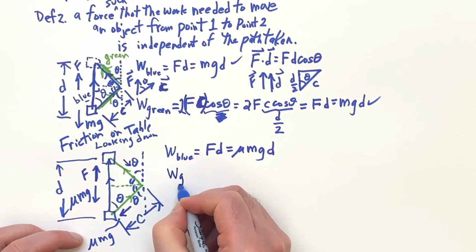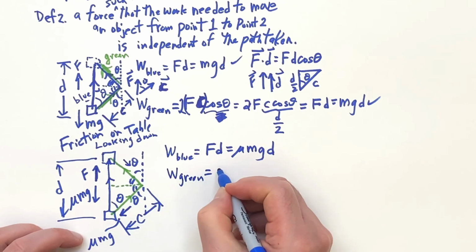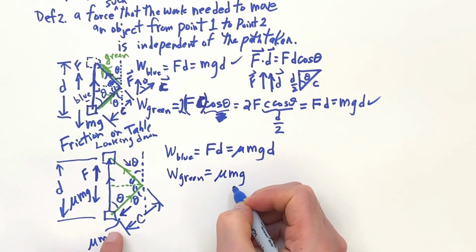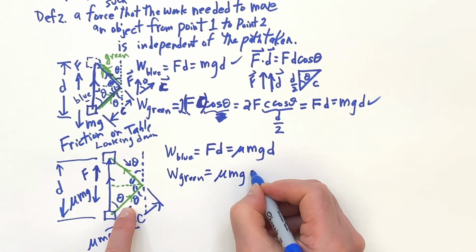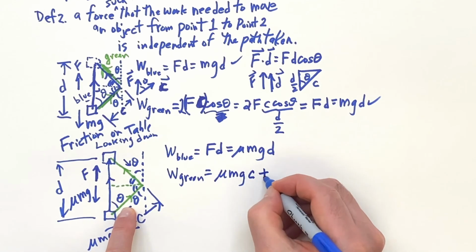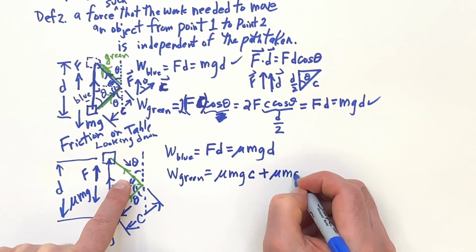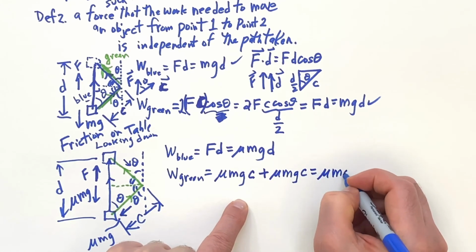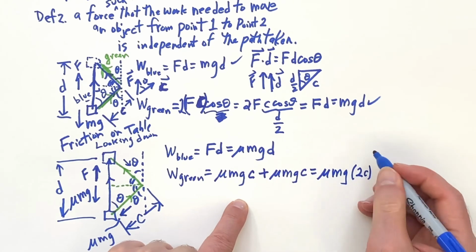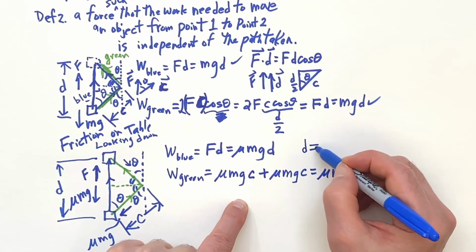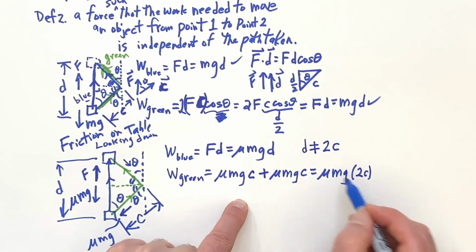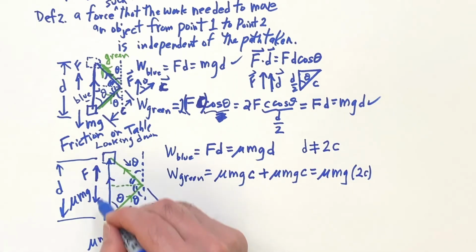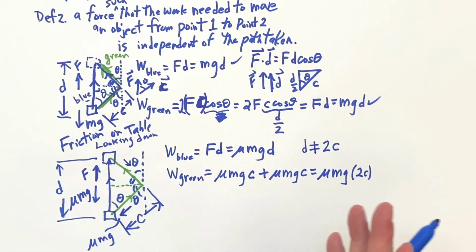So for the green path, you're going to still apply mu mg, but now you're lined up with C. So it's mu mgC plus mu mgC. So now you have mu mg times 2C, but in this case, D is not equal to 2C. 2C is a longer distance than D, so they're not the same.